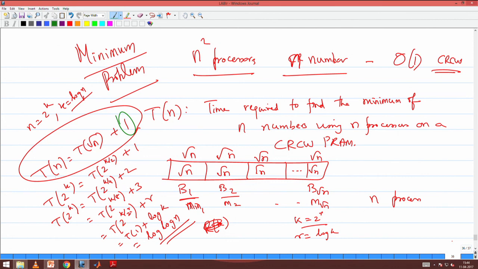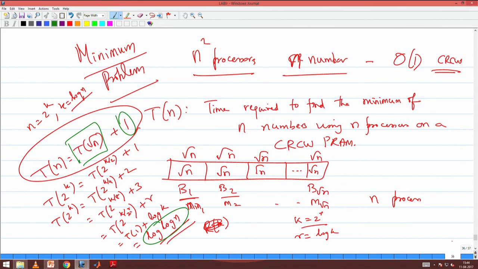And since every processor is executing concurrently, I don't need to multiply this with any factor, because all root n subproblems are solved concurrently, each by that set of processors. What is T(root n)? The time required to find the minimum of root n numbers using root n processors on a CRCW. Now I am giving that processors, so it starts working. And this is how I derive and show that T(n) is actually log log n.